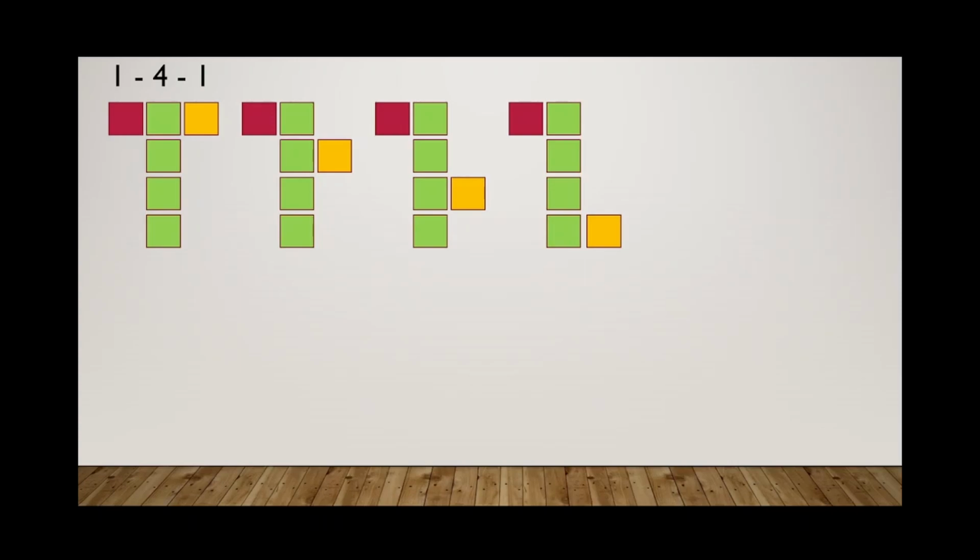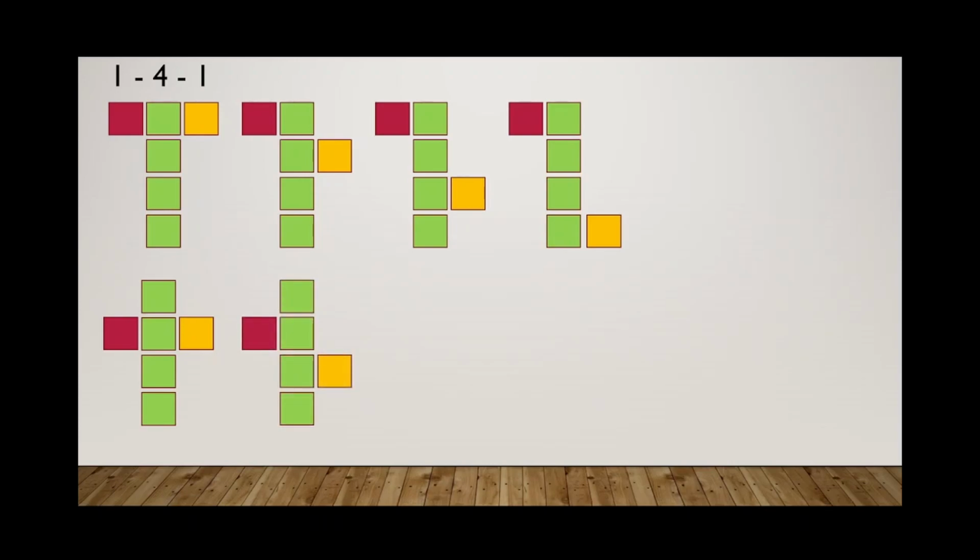Okay, we used the capital T. Now I'm going to use a small lowercase t. But for this one, all I can do is move the yellow square down once. Those are my first 6 combinations, starting with the capital T and starting with a little t. So that's the 1, 4, 1 combination.